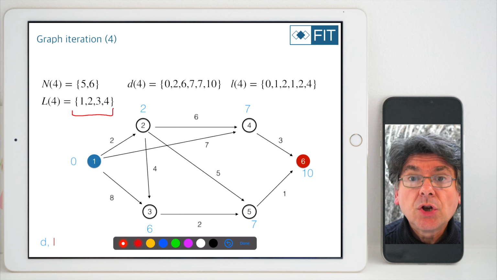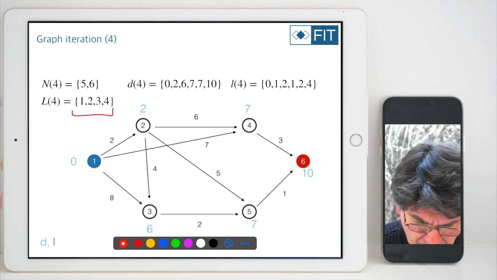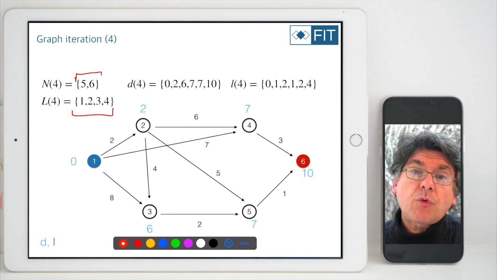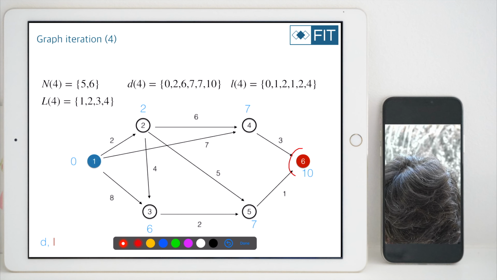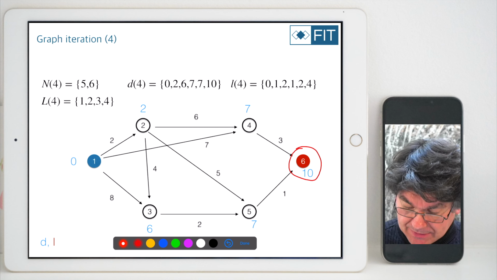And now, because of that, we augment our set of knowledge to include node 4, and we decrease our set of ignorance, removing node 4. Node 4 has its own collection of next door neighbors, which now includes node 6.